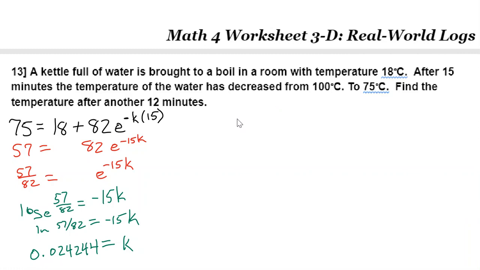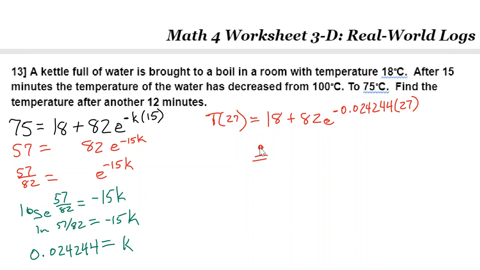So we got to figure out what the temperature is after 27 minutes. 18 plus 82 e to the negative 0.024244, and the time is 27.